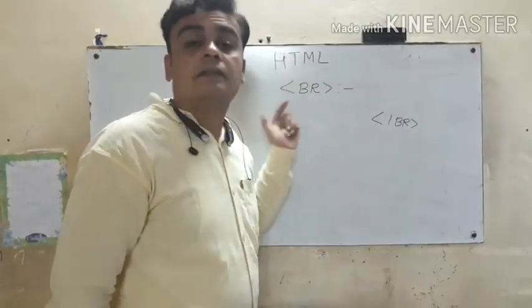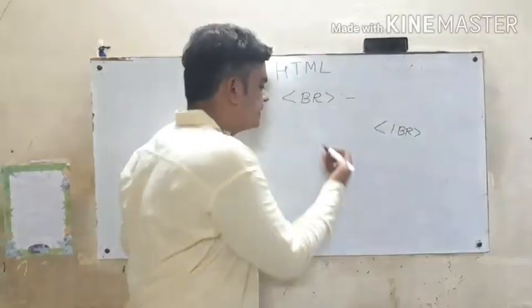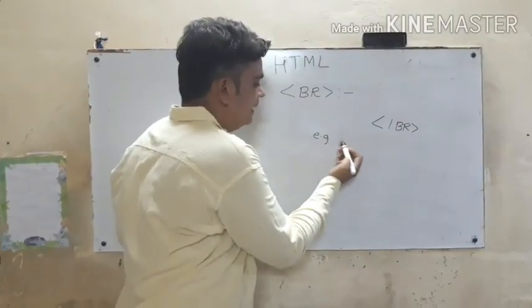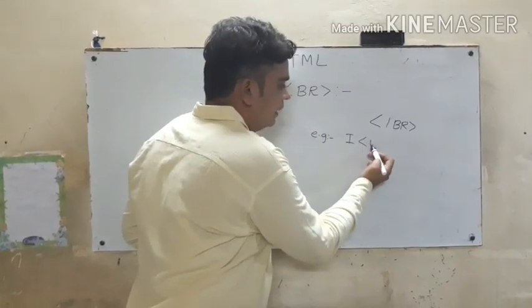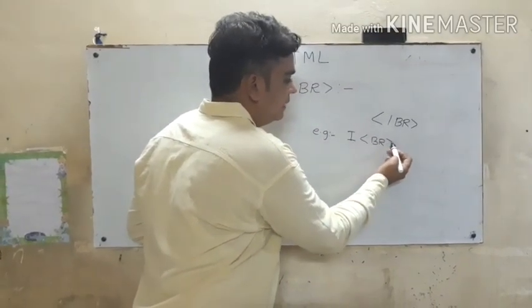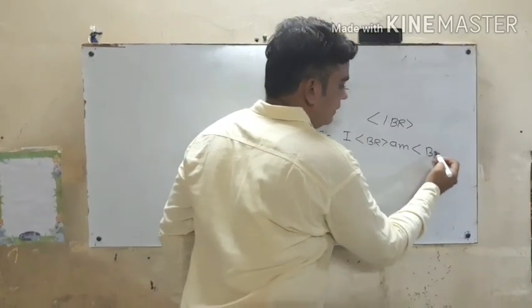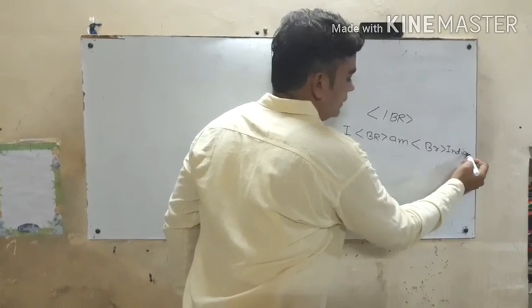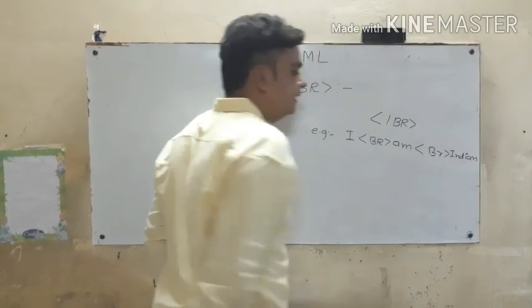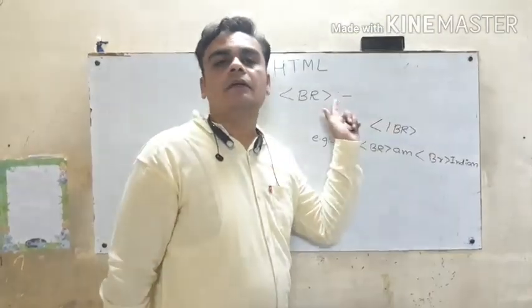Thereafter we see an example of how it shows the output on our screen. So I'm writing an example. Suppose I write I, then the BR tag, then M, then BR, and suppose my next text is Indian. This is the statement I have written in my coding form.